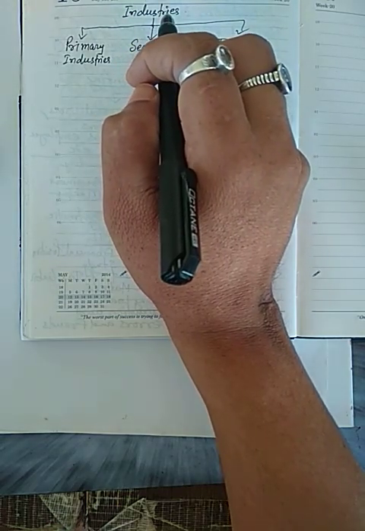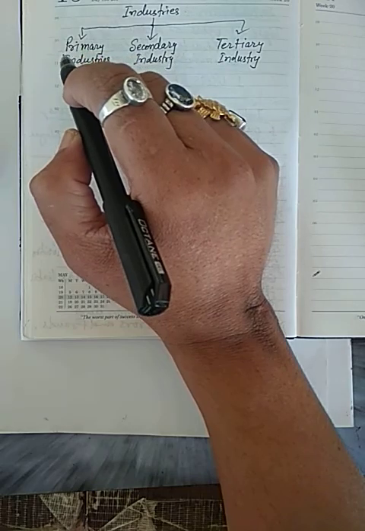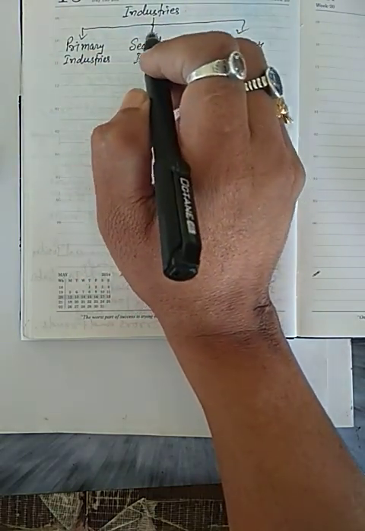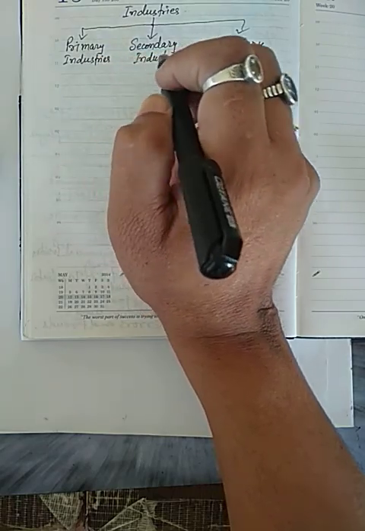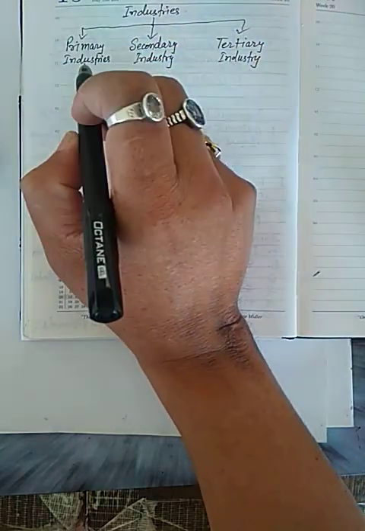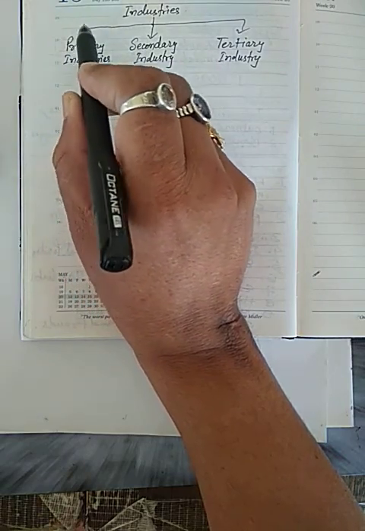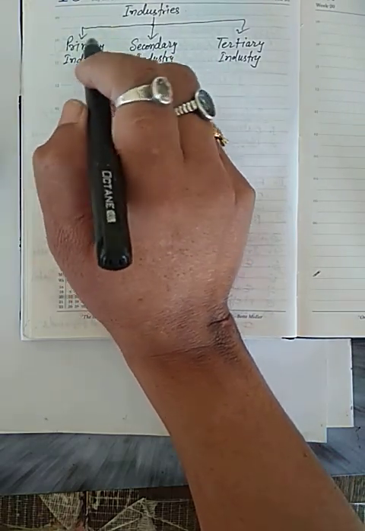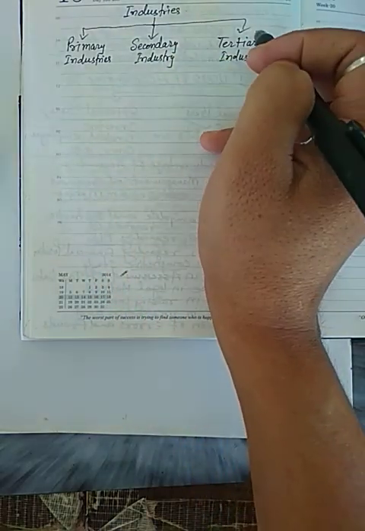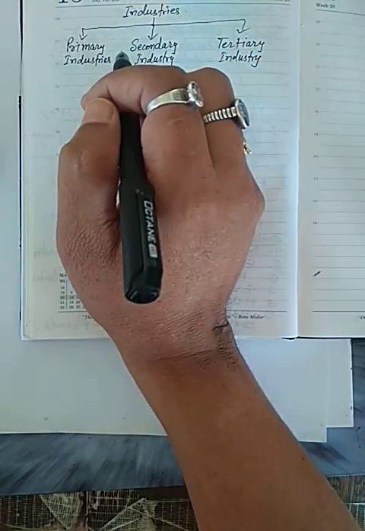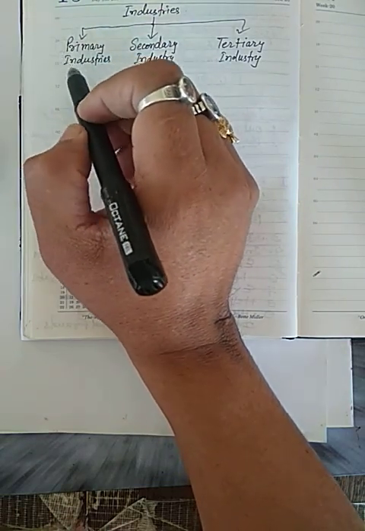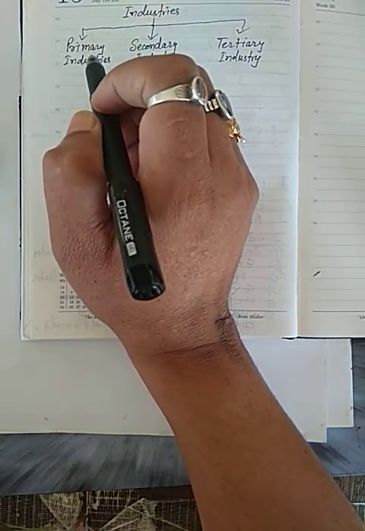So, industry has been divided into three categories. First is primary industry, second is secondary industry, and third is tertiary industry. Now, what are primary industries?